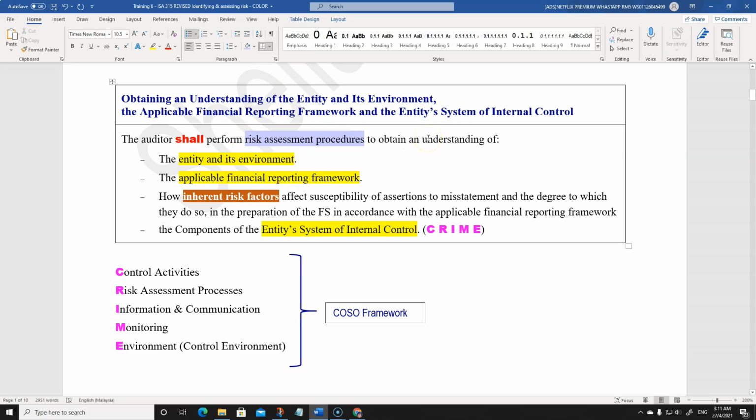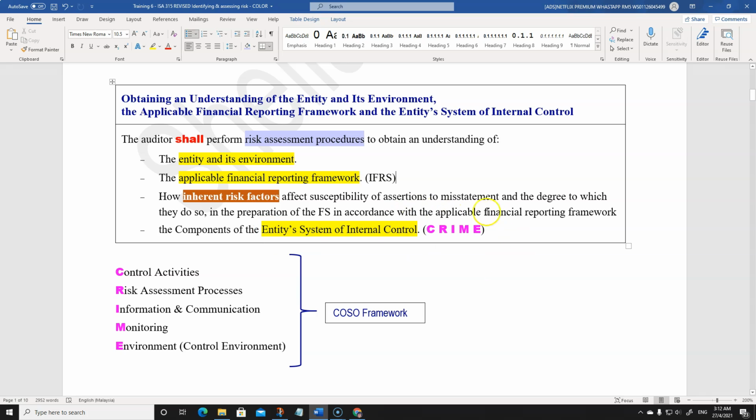But to obtain an understanding of what? There are three major areas. All the yellow areas are the three areas. First of all, the entity and its environment, the applicable financial reporting framework, and as far as our exams are concerned, the applicable financial reporting framework would be the IFRS. Then the last yellow bit is the entity system of internal control.